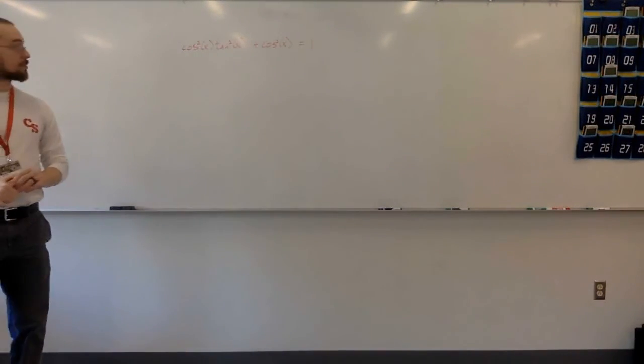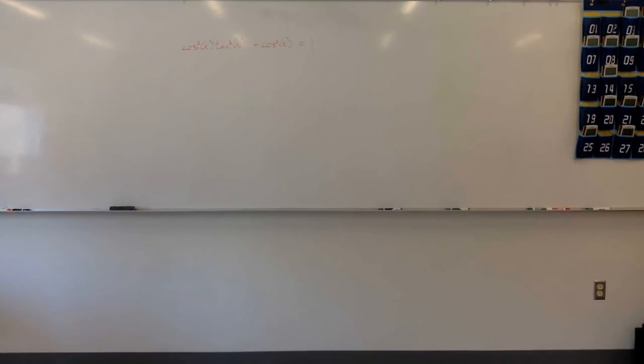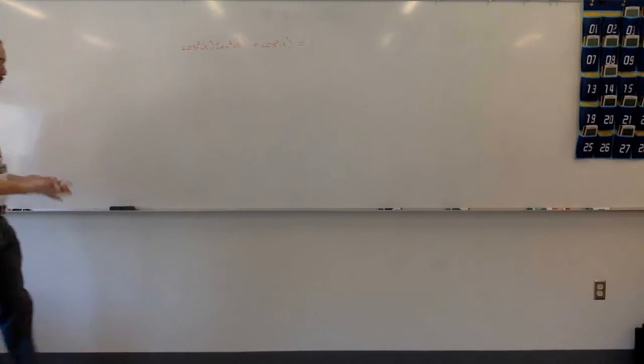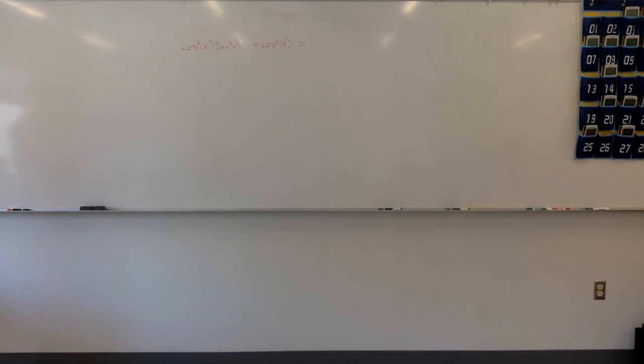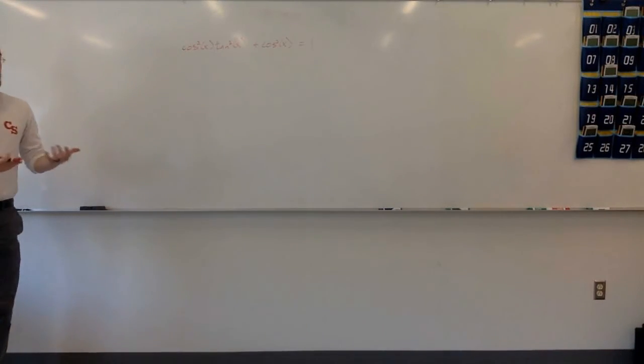Cosine squared times tangent squared plus cosine squared equals 1. Now, we've got a couple of strategies. The one that we've worked on in the last couple of problems is just converting everything to sine and cosine, going from there. Something else we could do is factor.